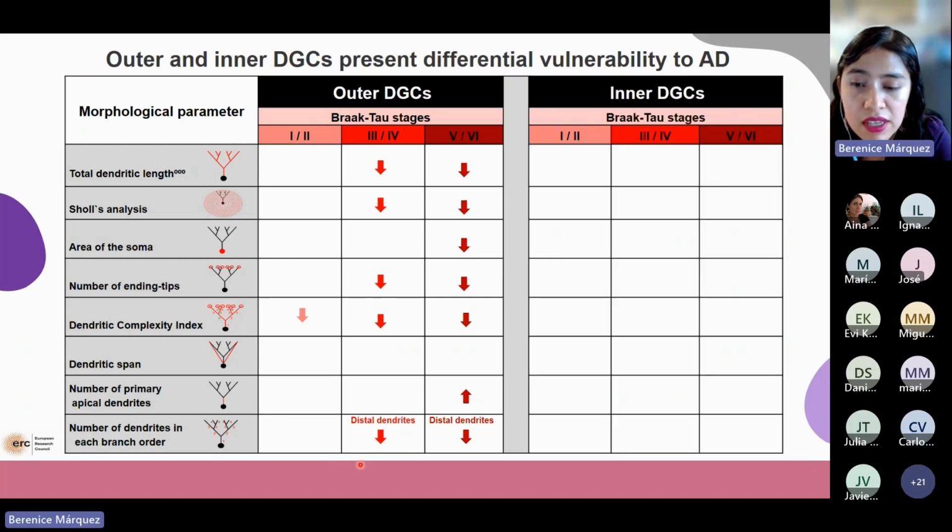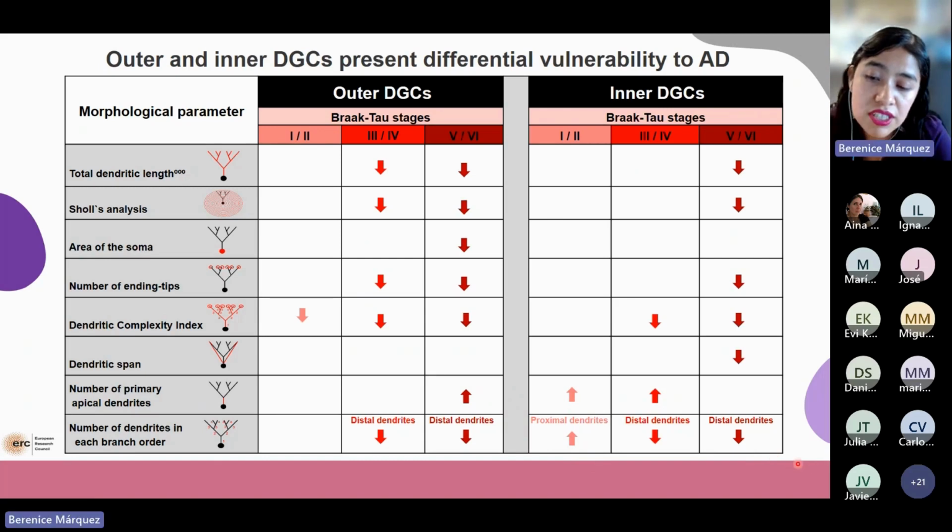In the case of the inner dentate granule cells, the number of cells with several primary apical dendrites is increased, and also the proximal dendrites are increased, and the majority of morphological alterations are affected at later stages. These results suggest a putative differential vulnerability of these two populations to specific pathological mechanisms that are triggered in the Alzheimer's disease brain.